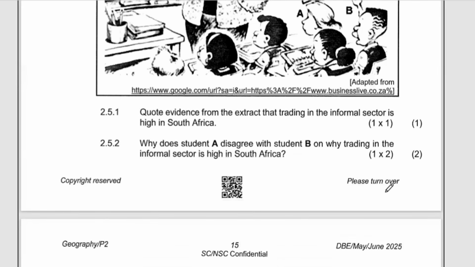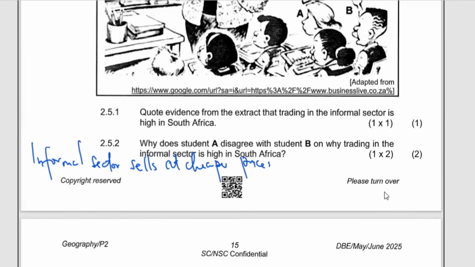We can argue that however, the informal sector sells at cheaper prices than the formal.